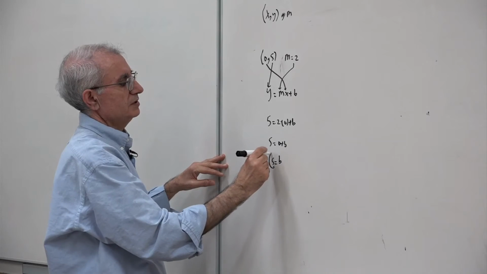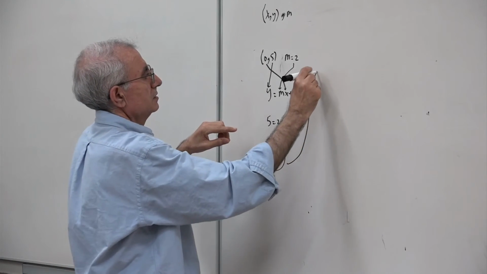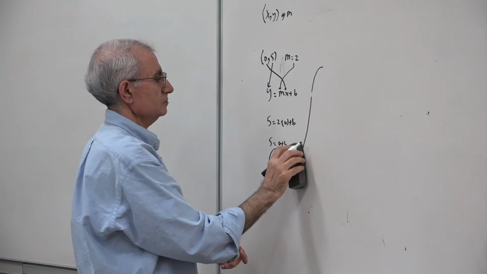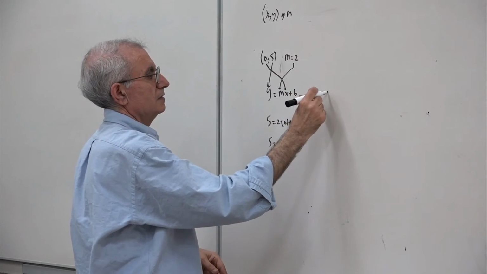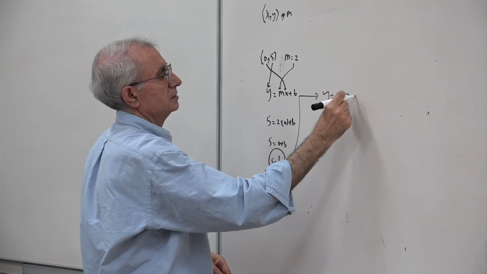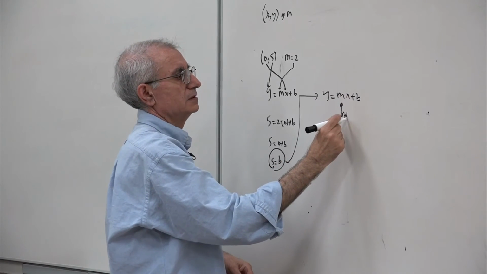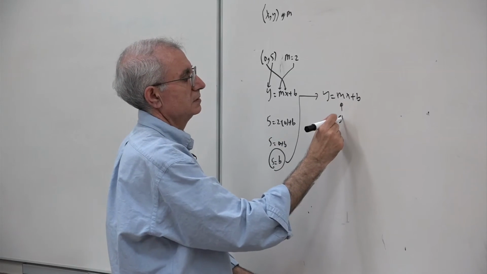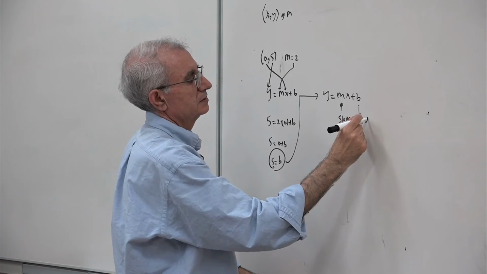Now that I found b, I go back to the equation y equals mx plus b. m is called the slope of the line, and b is the y-intercept.